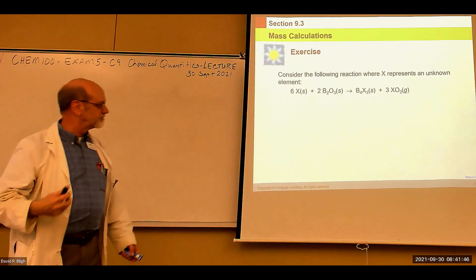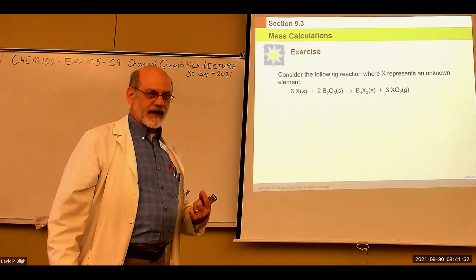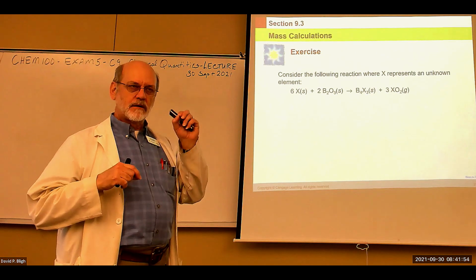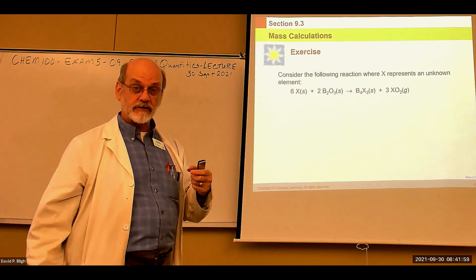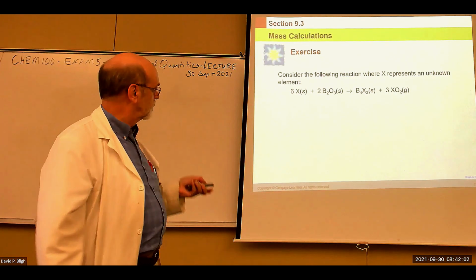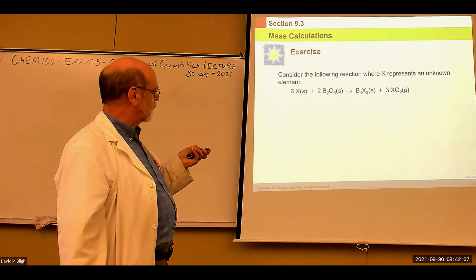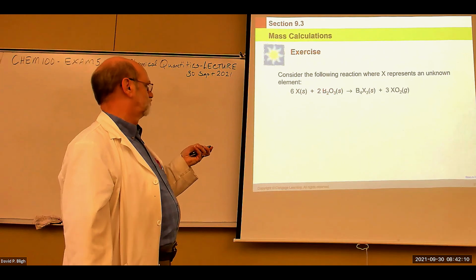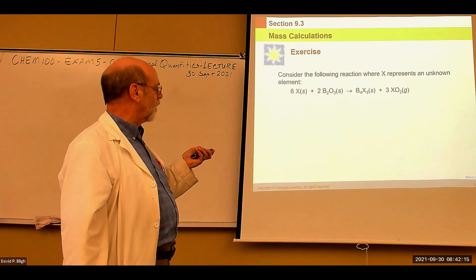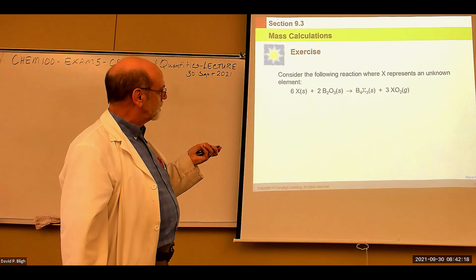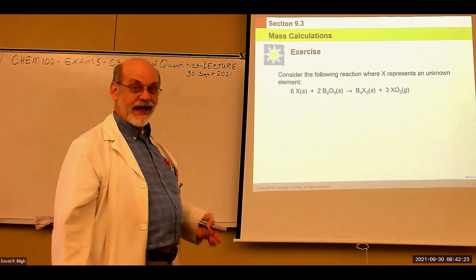All right. Now, up to this point, we've had known chemicals, known reactants and products in our reaction. Here we have an unknown. This element here is reacted with diboron trioxide. It produces tetraboron tri-X.